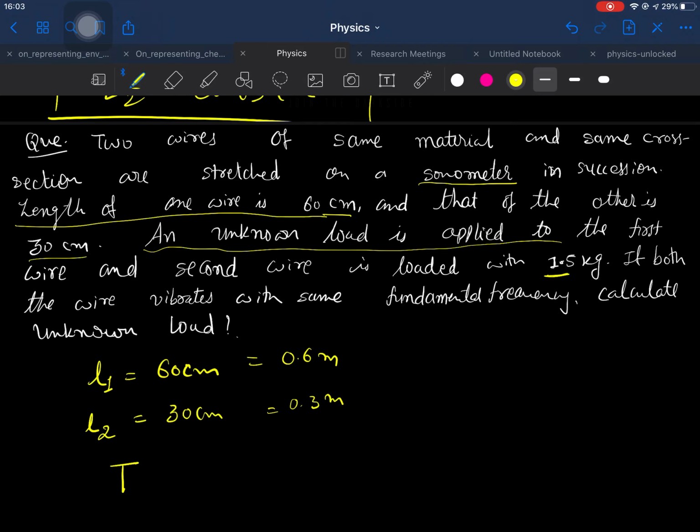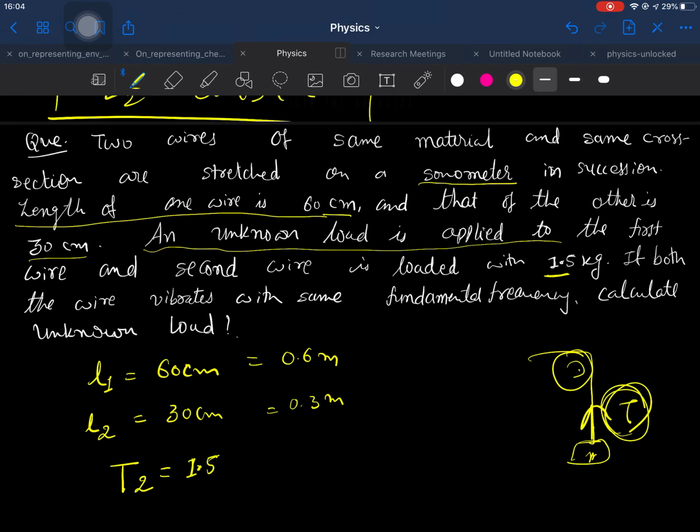We are not talking about the mass of the string, and load is converted. There is a pulley connected with the mass, and that pulley is giving you one tension. That tension we are talking about. So this load is equal and opposite to tension. That's why this information, 1.5 kg for the second case, is tension, not the mass.